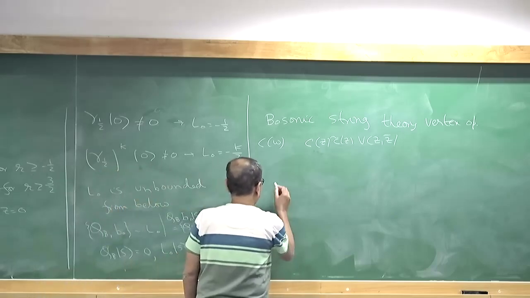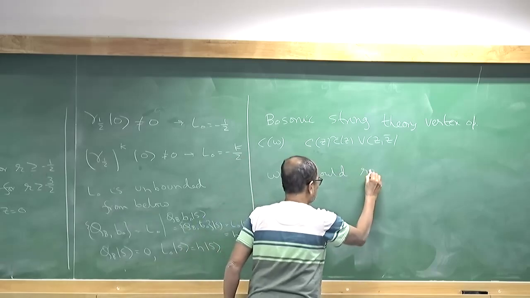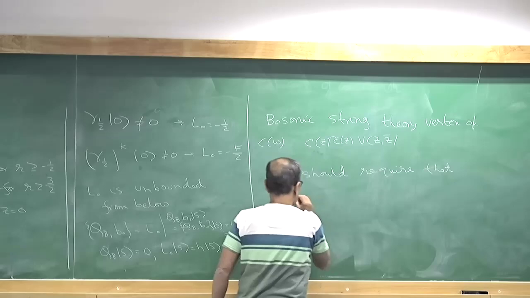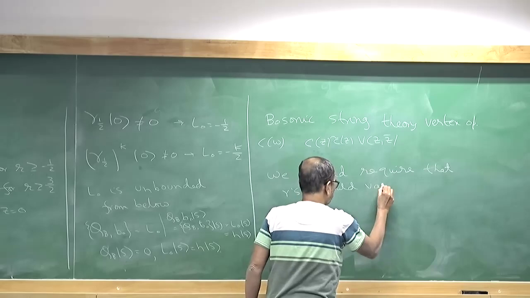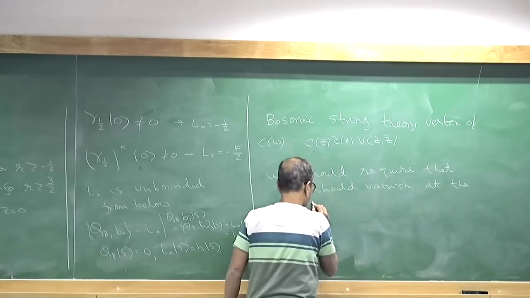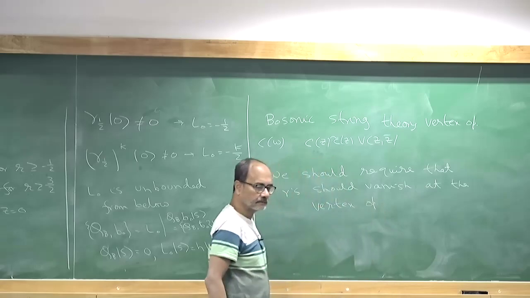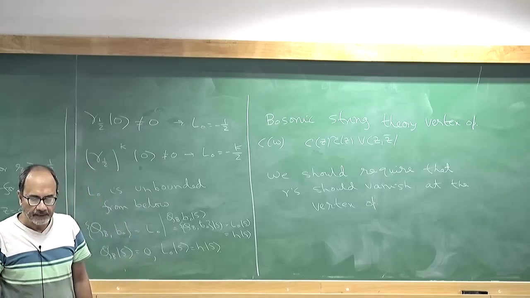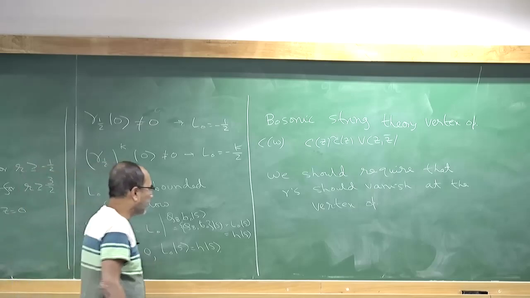So by following the logic, we should require that gammas should vanish at the vortex operator. But the problem is that to achieve this, we cannot use gamma or beta, because gamma is non-singular.